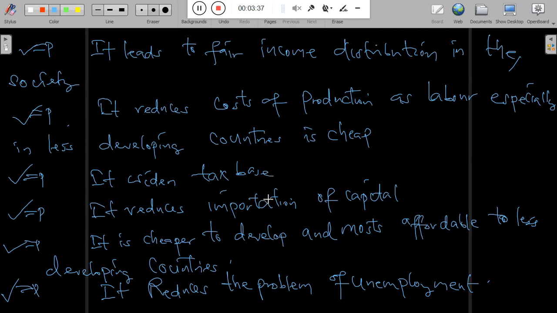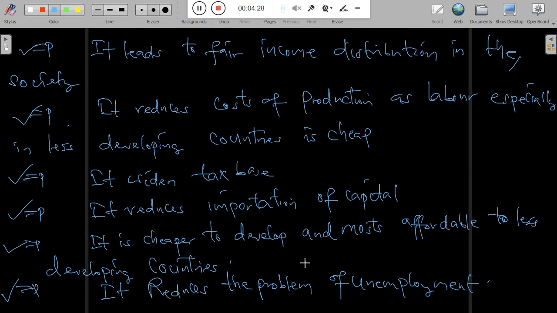It reduces the cost of production, as labor, especially in less developed countries, is very cheap compared to capital. It widens the tax base, since those who are employed earn income and pay taxes to the government. It reduces importation of capital, and it is cheaper to develop and mostly affordable.